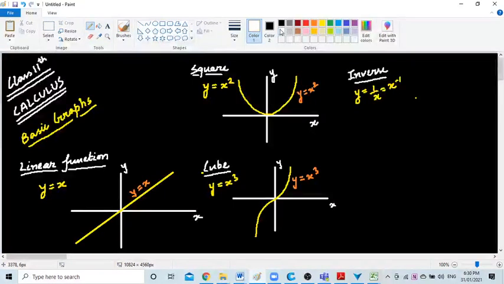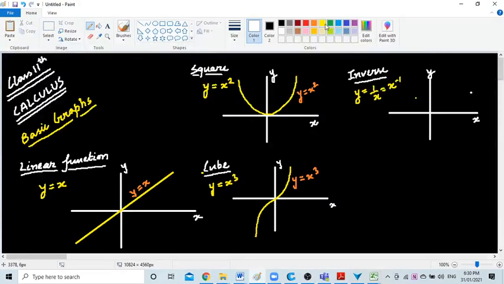Okay, now moving on, over here we have the x-axis and y-axis.